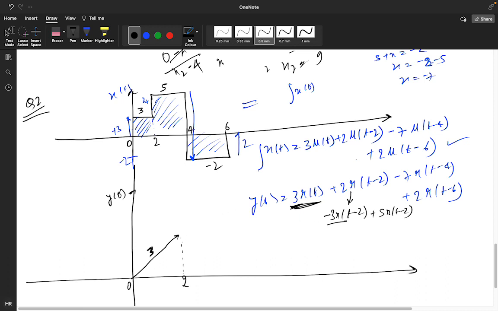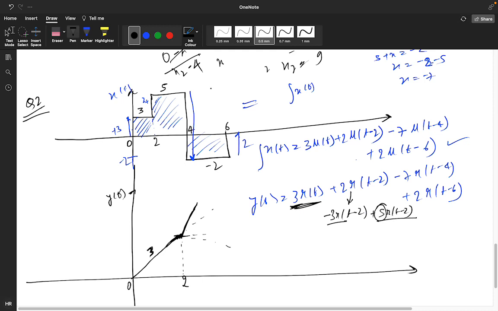So minus 3 r of t minus 2 will give me the step function here, and it's not moving, and I am getting one different slope. That slope value is 5. So this slope was 3 and now I am taking a different slope, 5 r of t minus 2.